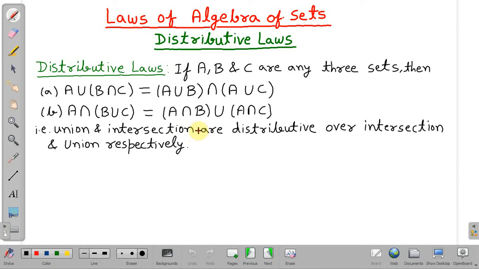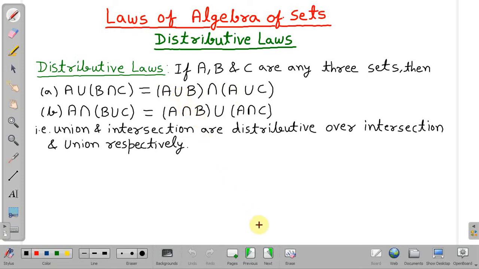So one by one we will try to prove this. See what we can do for the proof. Using a Venn diagram, we can make a Venn diagram for LHS and RHS separately and then try to superimpose them. If both the Venn diagrams superimpose, that is overlap, then they will be equal.